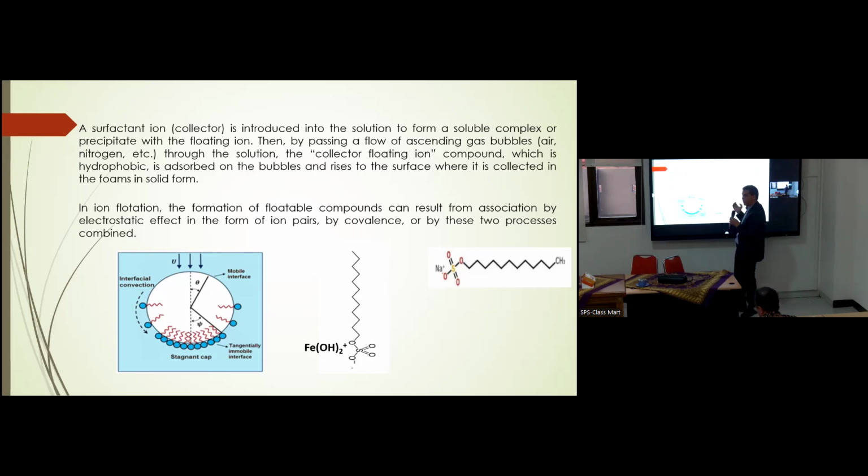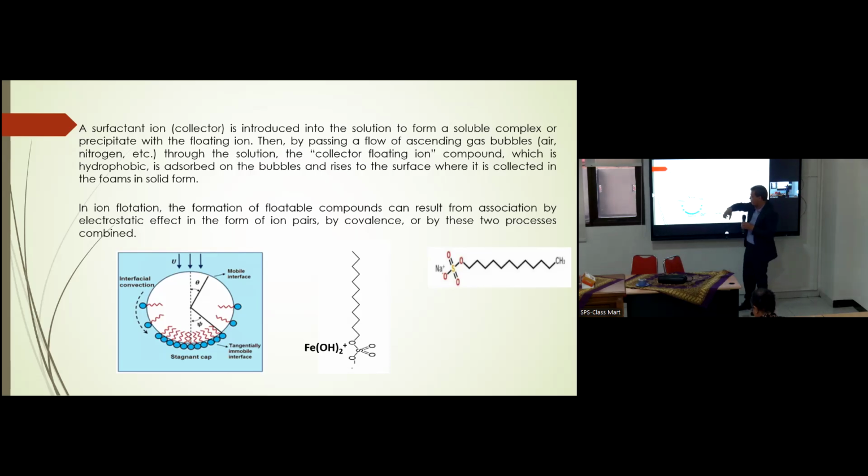That's why it is on the side of the water, okay? Because it is negative, and we have the cation, for example zinc, iron, in the form of the cation. So we have negative with positive. For example, the positive iron can attach to the negative part, forming a compound. So this part is attached to the bubble, and the bubble floats.